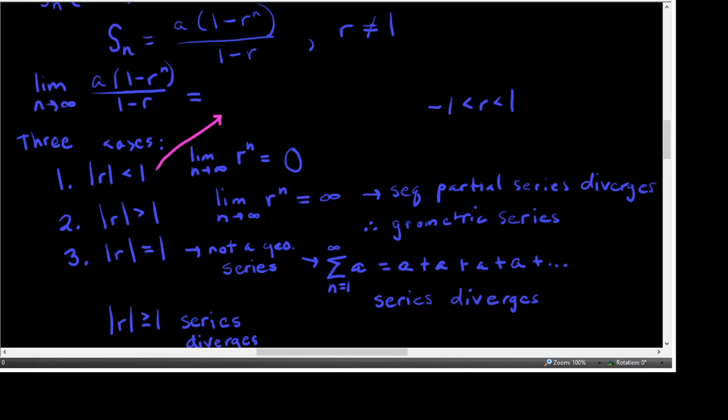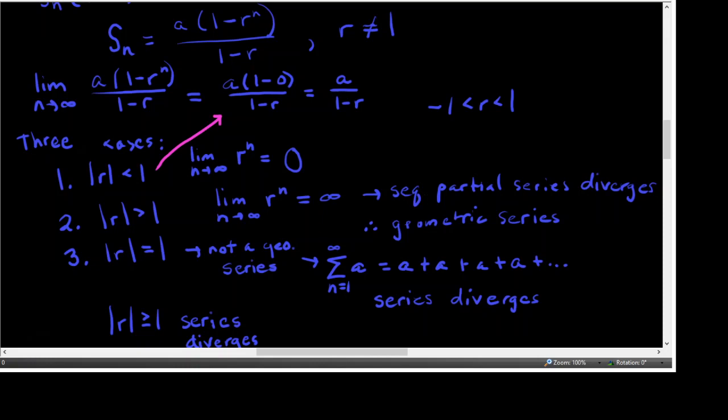Then the limit of the constant A will be A. The limit of the constant 1 will be 1. We've already established that the limit of R to the nth will be 0, over 1 minus R. And that simplifies to be A over 1 minus R.